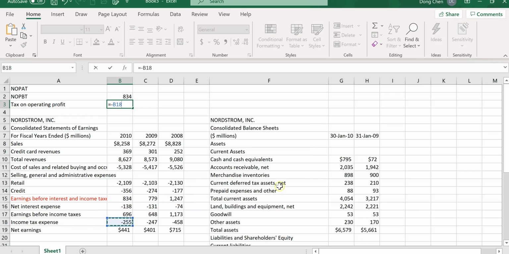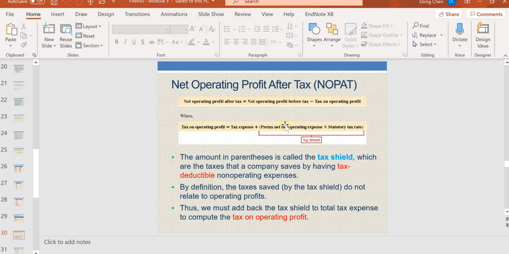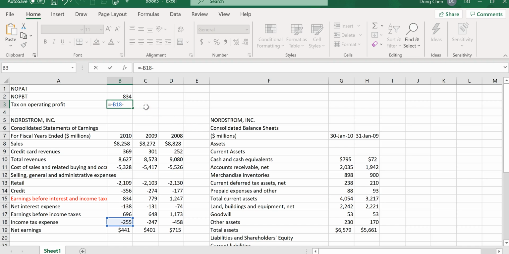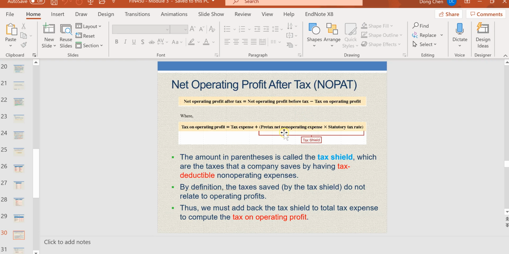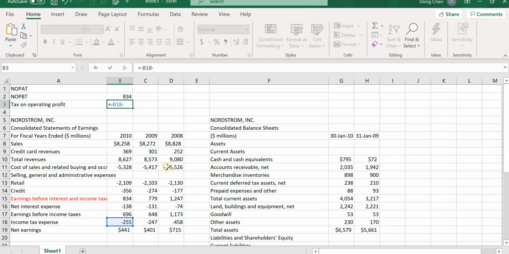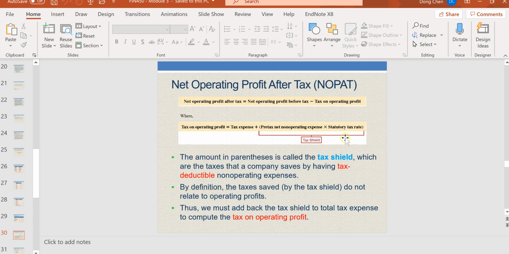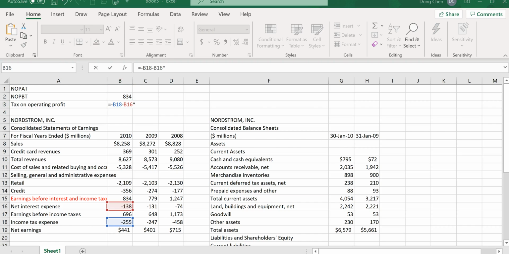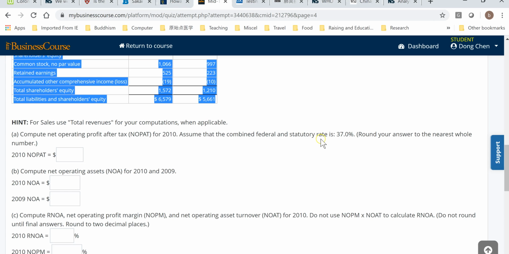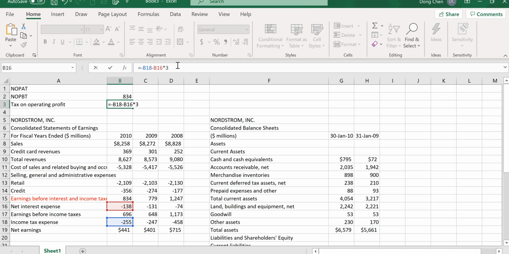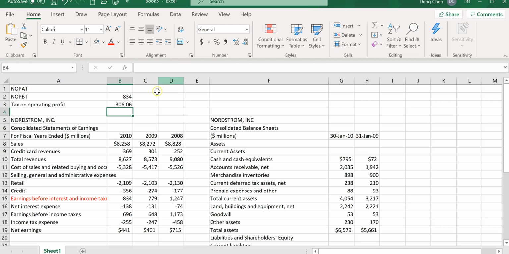Again, this is a negative number, but in using this formula, it has to be positive. So we need to put a negative sign in front of this net interest expense, and then multiply by the statutory tax rate, which going back to the setup is 37%. And then that's the tax on operating profit.